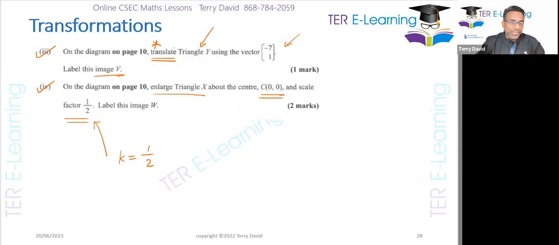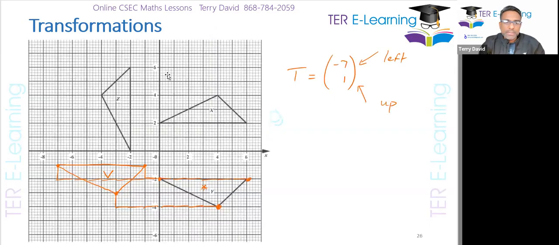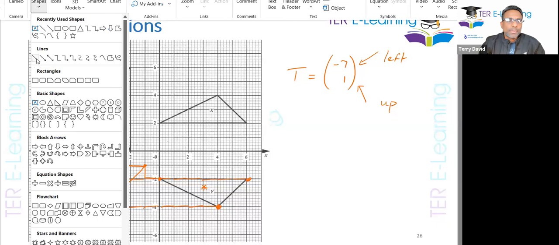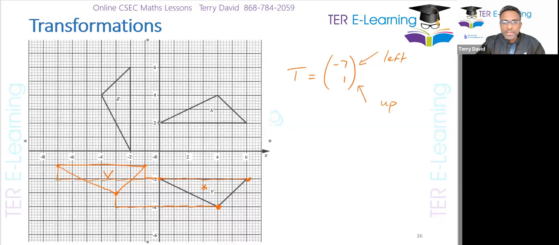So how are we going to do that now? Which triangle are we using? Triangle X, so that's this triangle across here. Now, when you want to perform an enlargement, you always have to draw your projection lines. The center of enlargement is 0, 0.